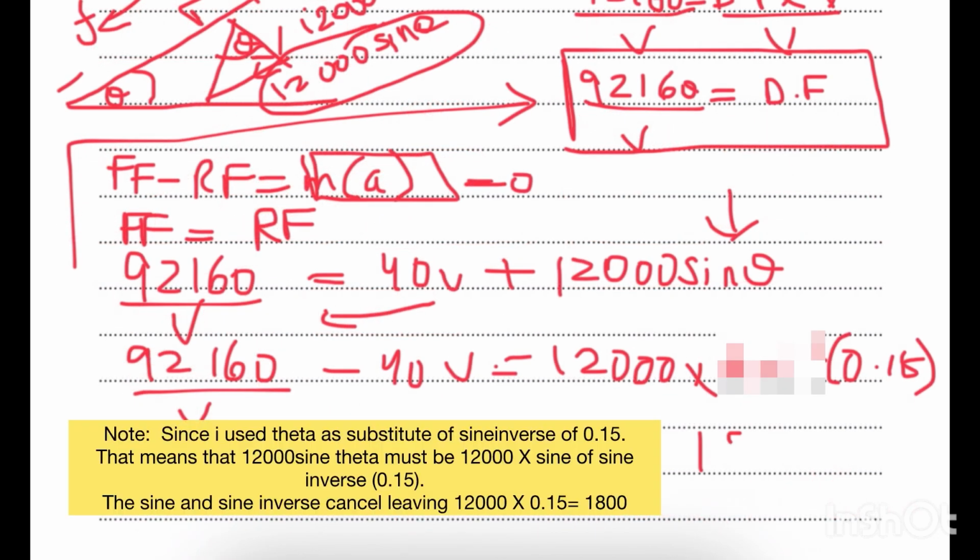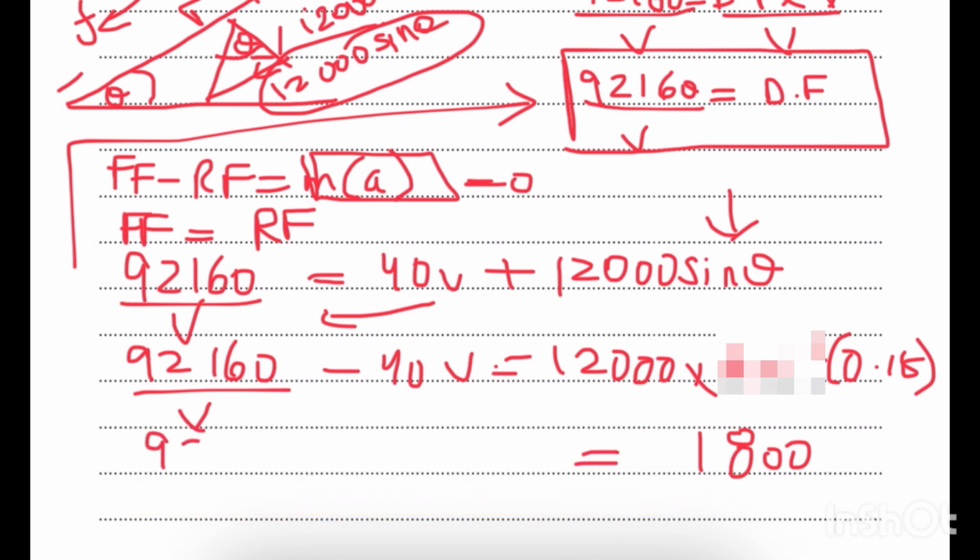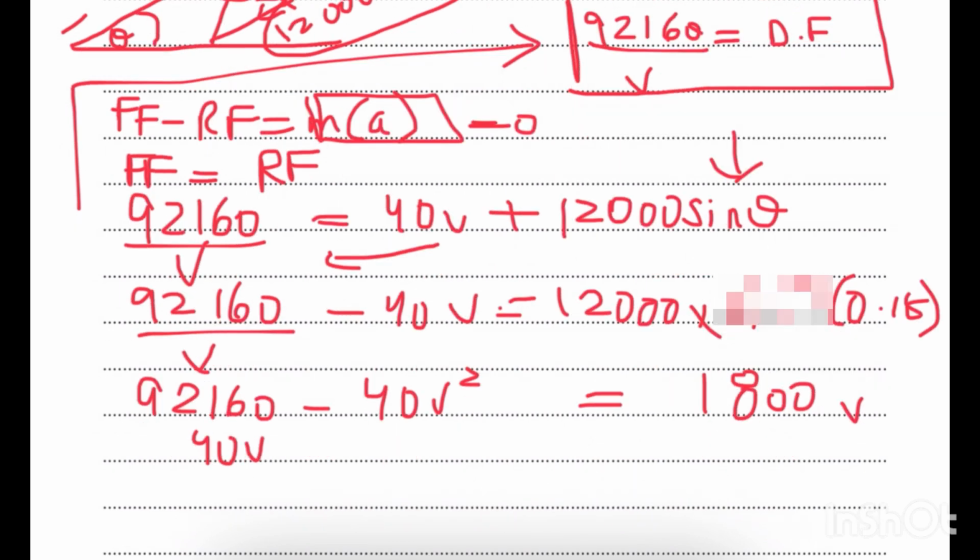So this side, the right side, is equal to 1800, and this side remains the same. So what we can do is multiply V on both sides in order to cancel this V in the denominator. So this will become 92,160 minus 40V squared is equal to 1800V. 40V squared minus 40V squared plus 1800V minus 92,160 is equal to 0.